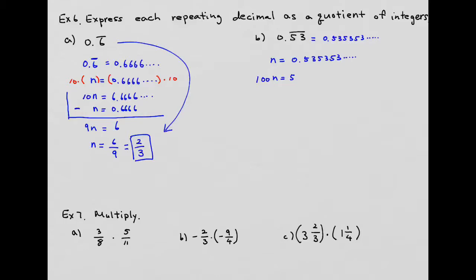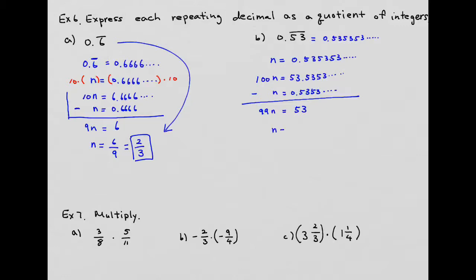It depends on the decimal places. I had 2 repeating decimal places, so I need 2 zeros. So then this is going to be 53.5353 repeating, right? And when I subtract n, which is 0.5353, I will get 99n equals 53.